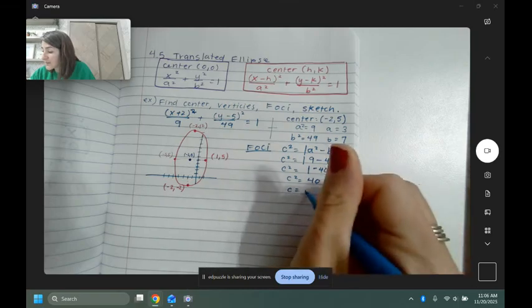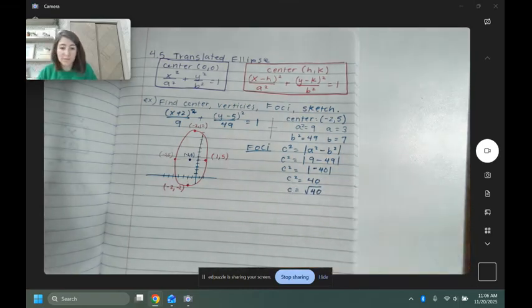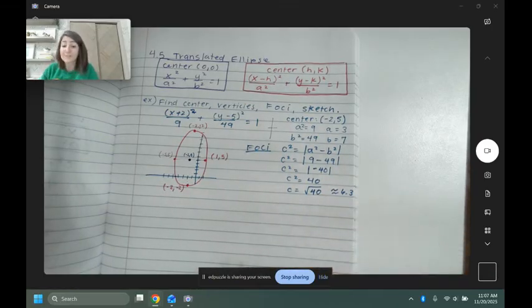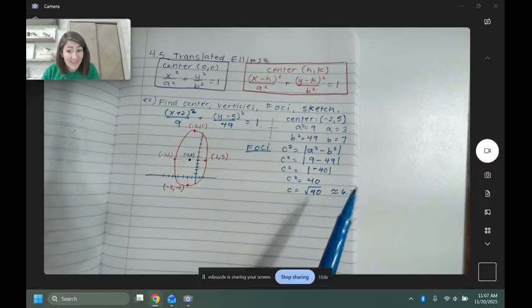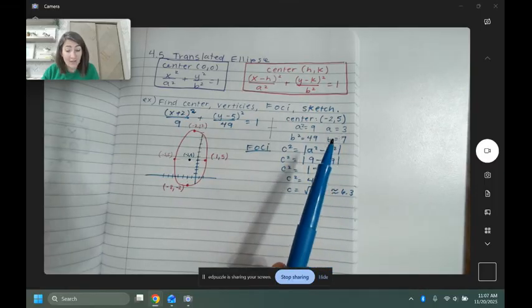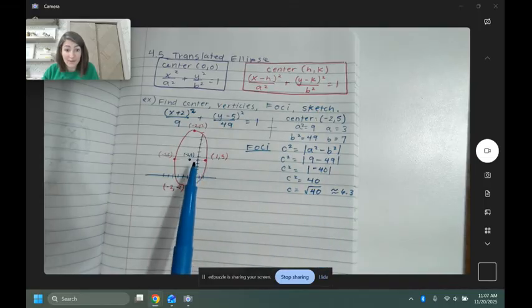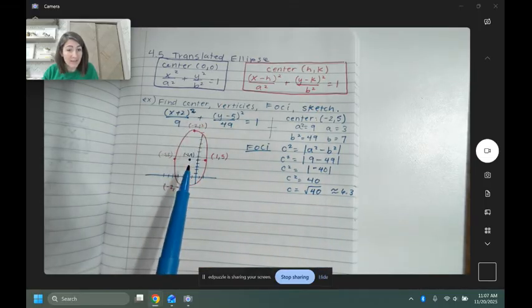So c is the square root of 40. You could also write that as 2 root 10, but I'm going to leave it here. This is approximately 6.3, and thank goodness that is less than b, because if it was greater than 7, it would be outside of my ellipse.